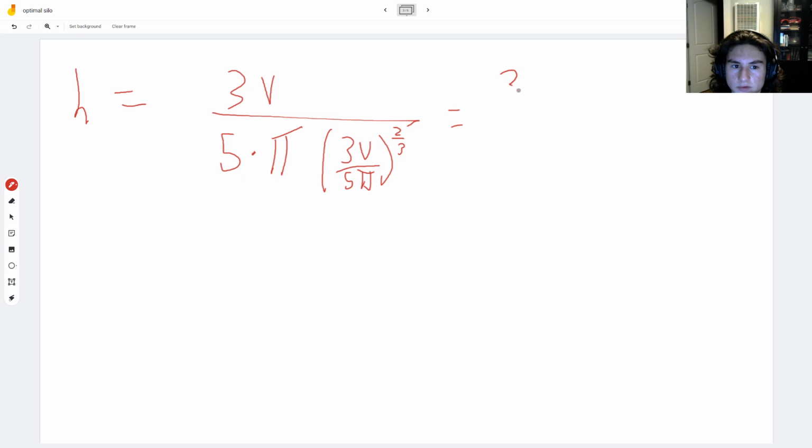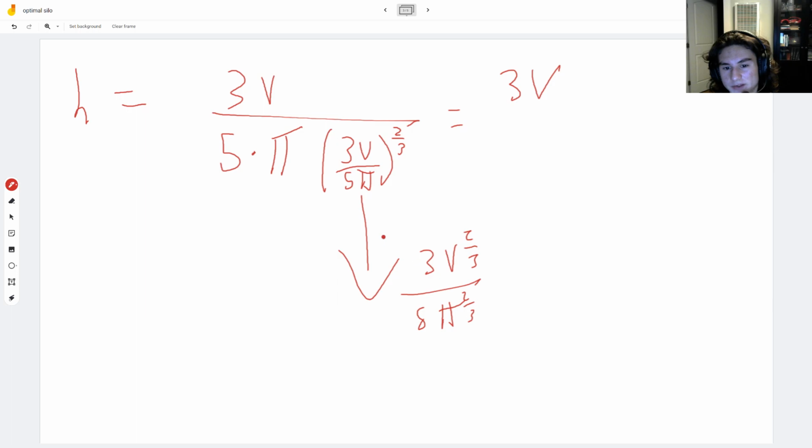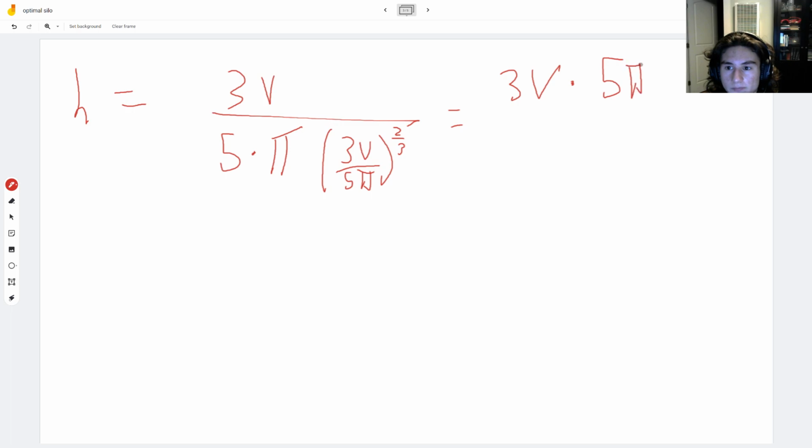So this is equivalent to 3v. I'm going to separate this by saying 3v to the 2/3 over 5 pi to the 2/3, right? And then basically if we're dividing by something, we can flip that part onto the top. So 3v times 5 pi to the power of 2/3, right?